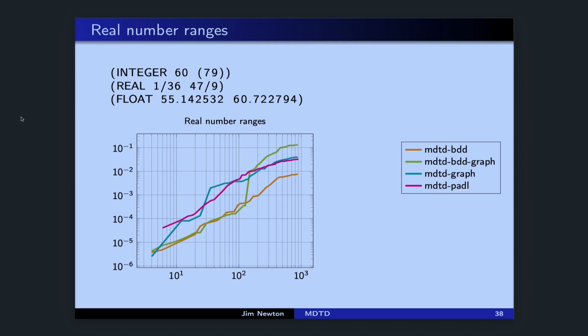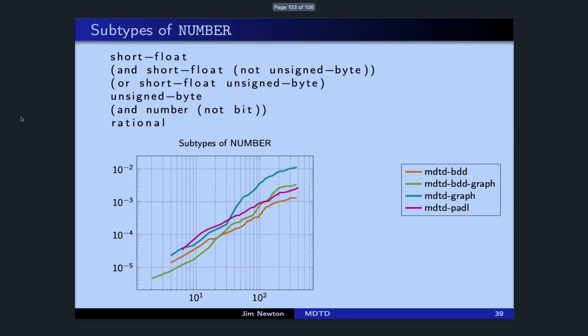This is more of the typical case that we see here: the algorithm called MDTD BDD, which I haven't explained, is the fastest. So the new algorithm is not the fastest, but it's pretty fast, and given the fact that the code is so small, it's a good win in my opinion.